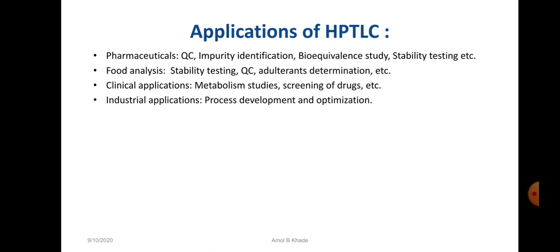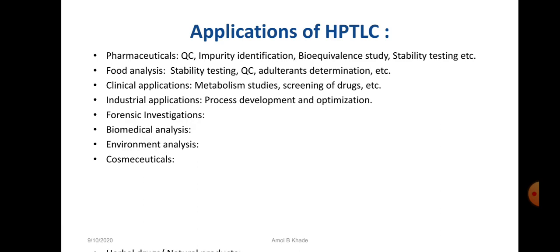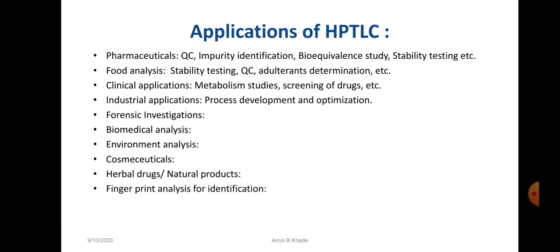Industrial application in process development and optimization. Forensic investigation we do use. Then biomedical analysis, environmental analysis, cosmeceuticals, and HPTLC is widely used in herbal drugs, Ayurvedic products and natural products. HPTLC is also used for fingerprint analysis for identifying particular components.